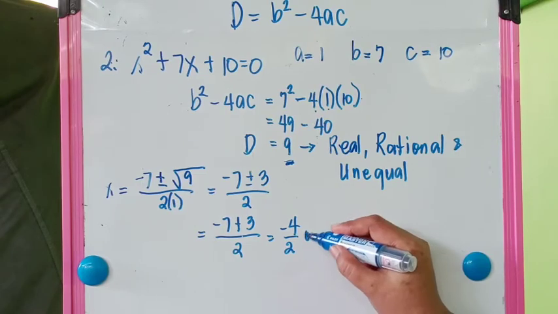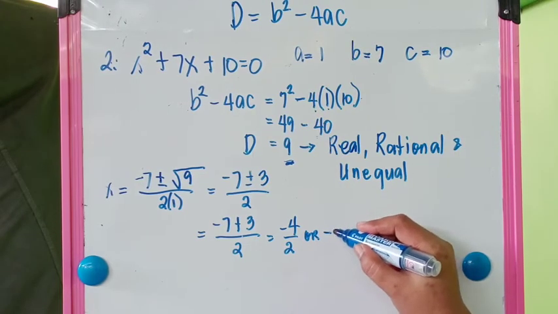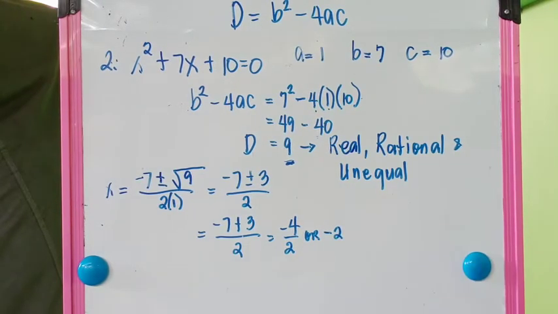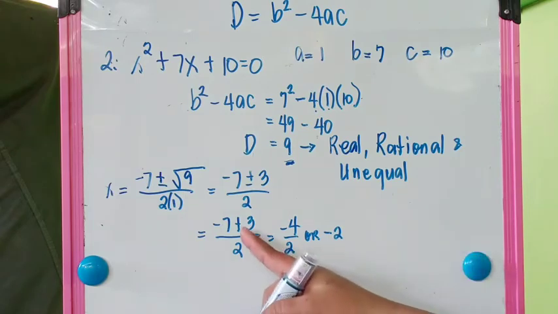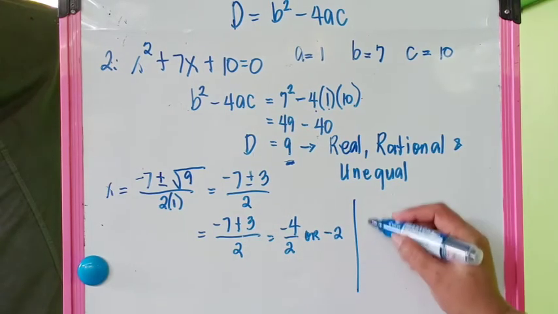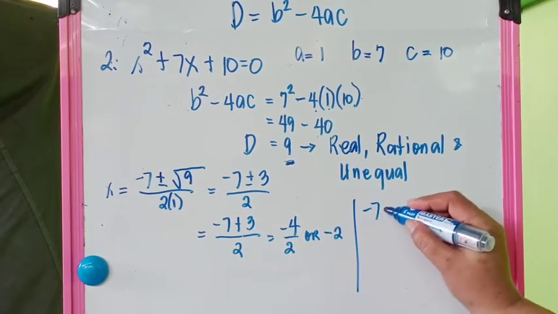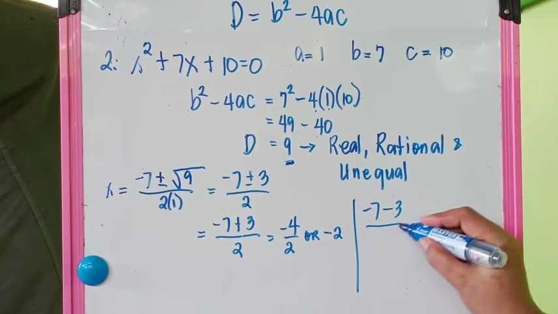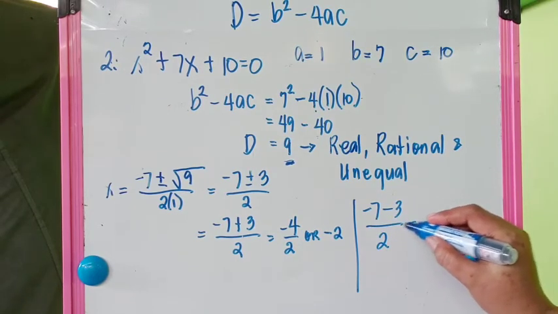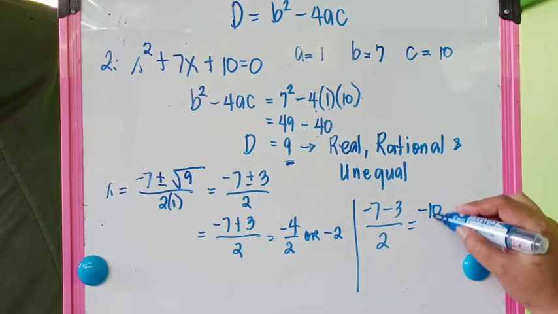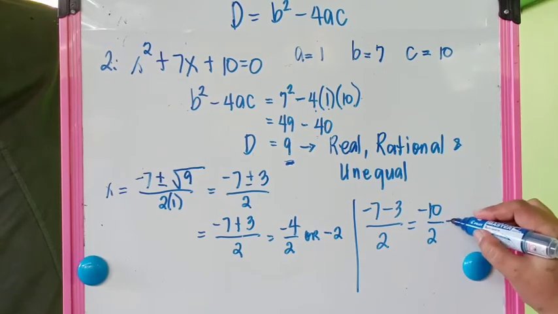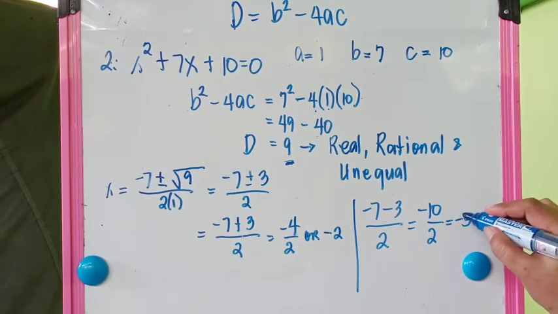So, this is equal to negative 2. If we are going to use negative 3, so negative 7 minus 3 over 2 is equal to negative 10 over 2, then we have negative 5.